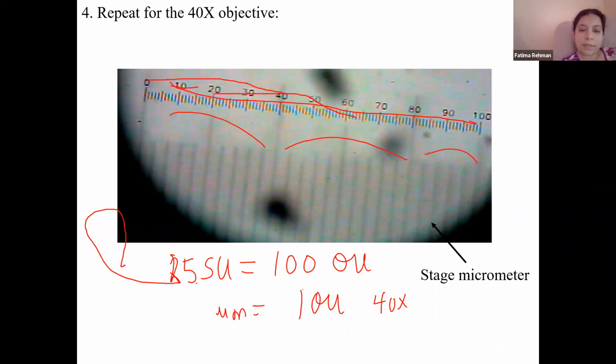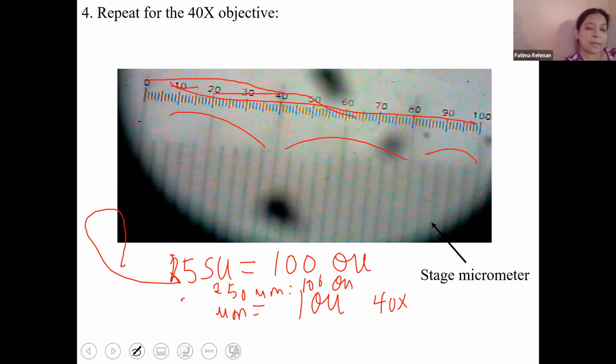Once you calculate, it's 25 times 10. So it's going to be 250 micrometers equal to 100 ocular units. Then you need to divide both sides by 100 before you get the final answer. So it would be 2.5. Good job. So yes, 2.5 would be the answer for this calibration. So this is going to be your calibration for 40x.